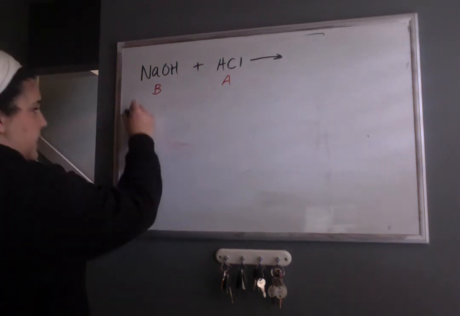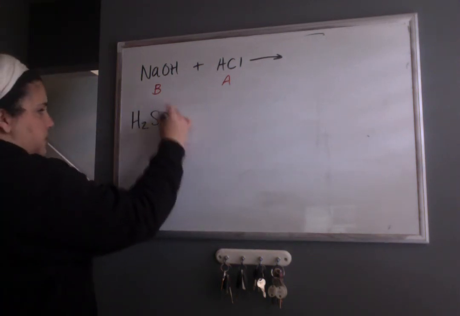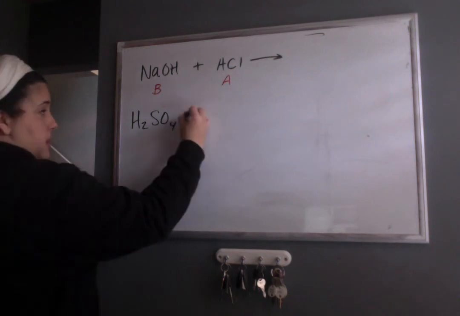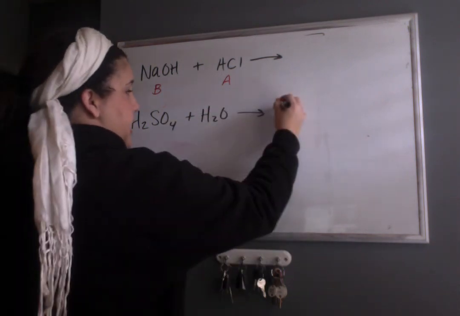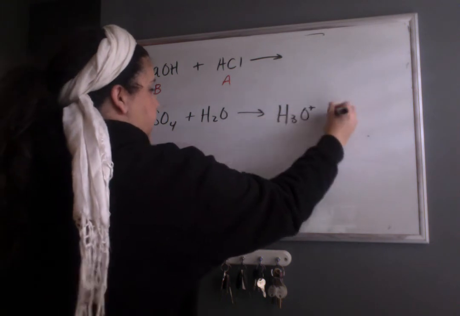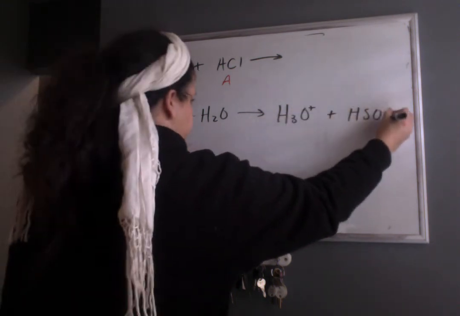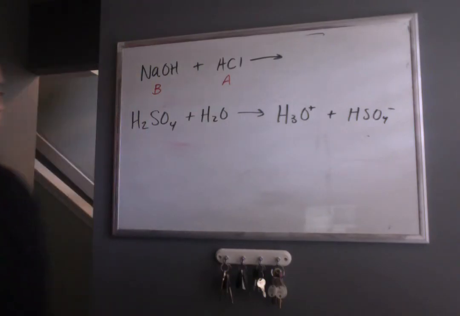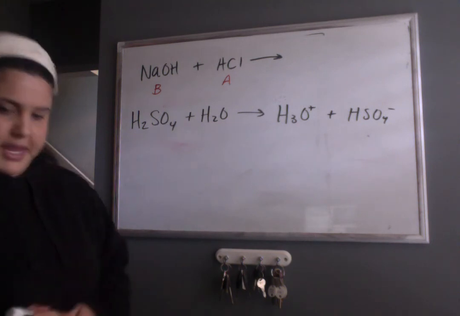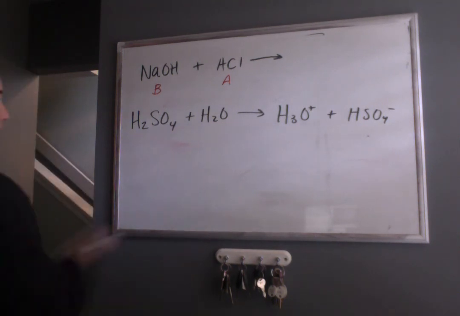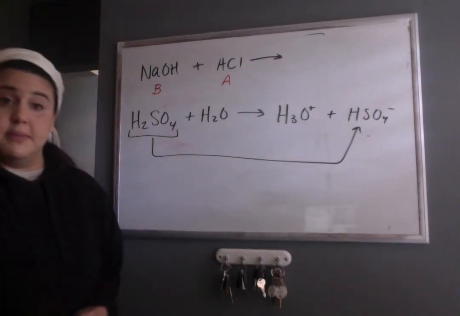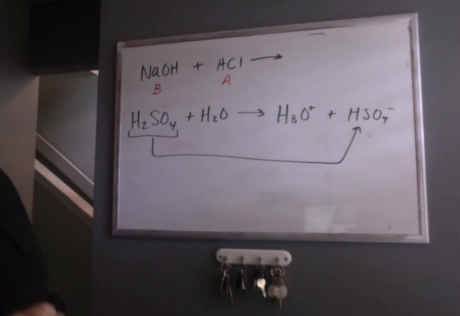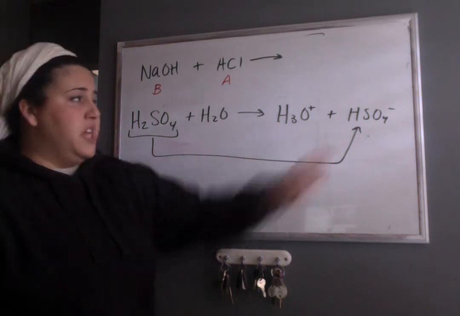So, one of them, H2SO4 plus H2O, this is one that we dealt with previously, gives me H3O+ and HSO4 minus. So looking at this reaction, again, I should be able to determine, based on how I started and how I end, what happened to me. Now, if I look here, it kind of looks like H2SO4 going to HSO4 minus.